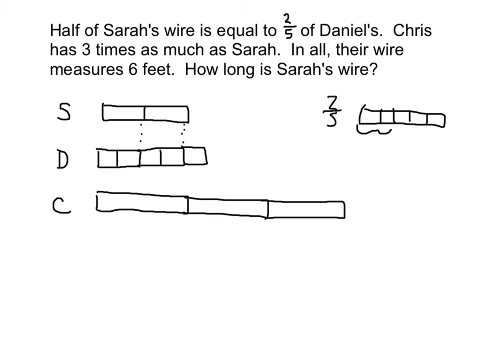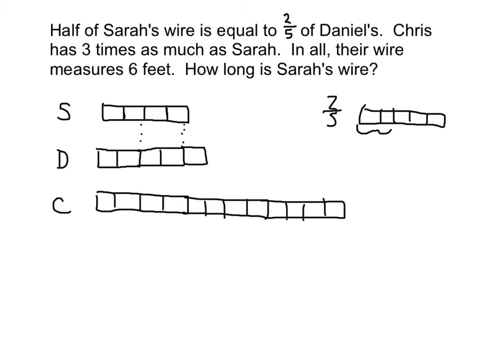Let's see, 2/5 is equal to half of Sarah, so I can break hers in half. And now Sarah's and Daniel's pieces are equal parts. And then if I go like this with Chris, then I'm going to have equal parts between Chris, Sarah, and Daniel.